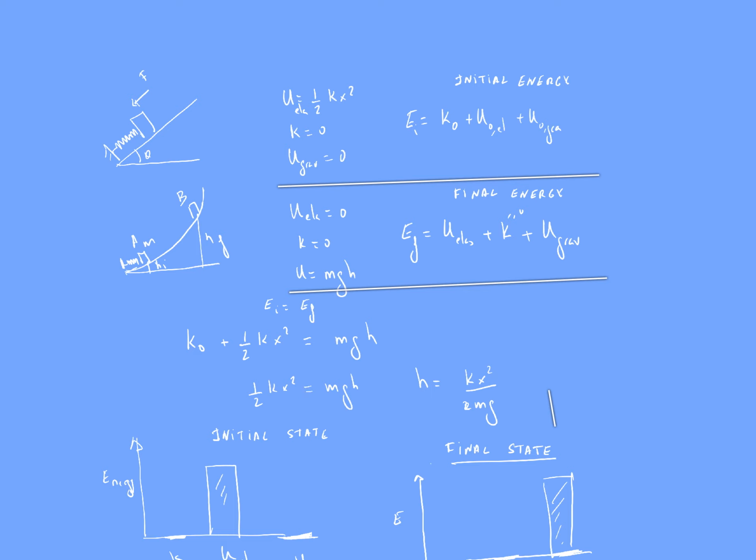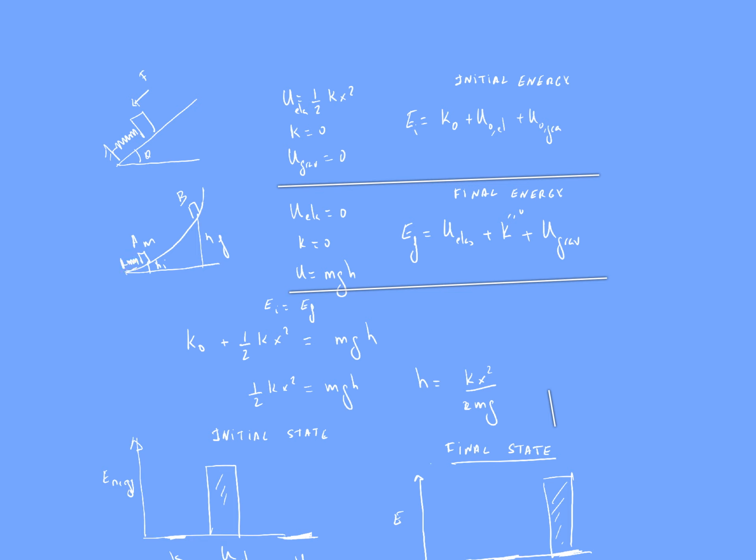At B, at the maximum height, there is no kinetic energy also, there is only potential energy, and the spring has no compression.